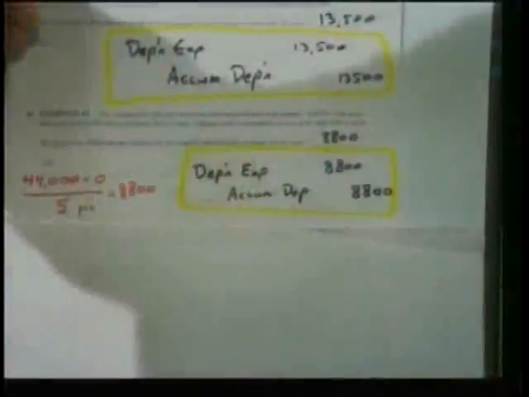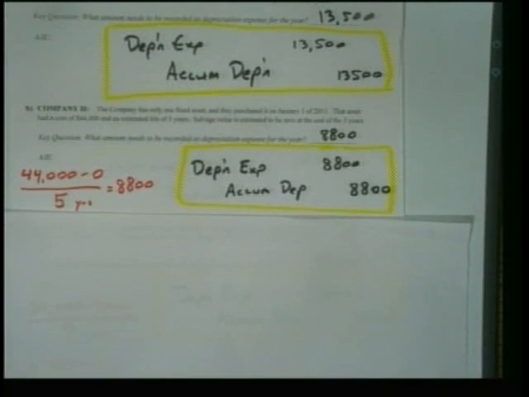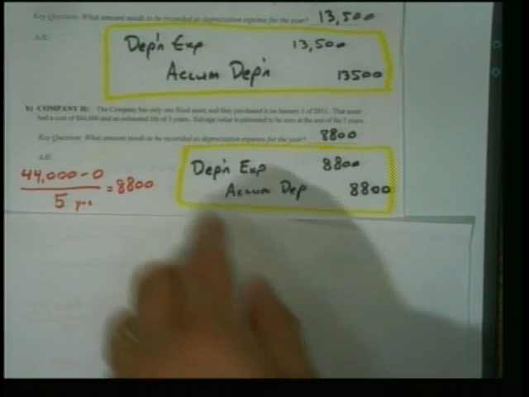Now, let's talk about why we use a contra account instead of crediting or decreasing the equipment account or whatever. Okay? I want you to understand it's a little different with fixed assets, long-term assets. Let's take a look at the second depreciation entry that we made on that. Company H. Now, they had one fixed asset.